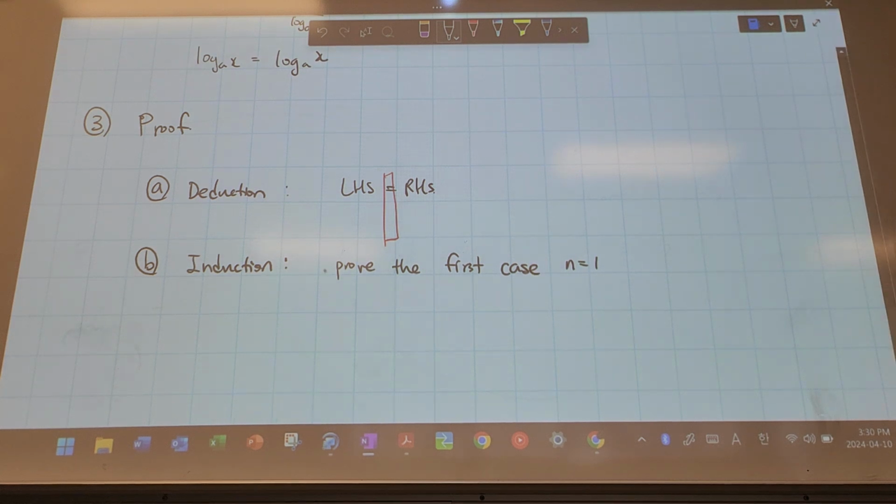The second step is to write down, let's suppose that for n equals k, the proposition is true.